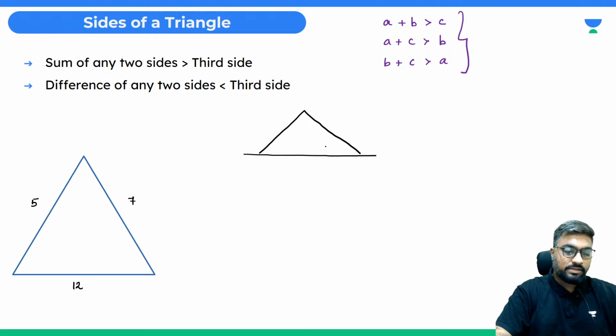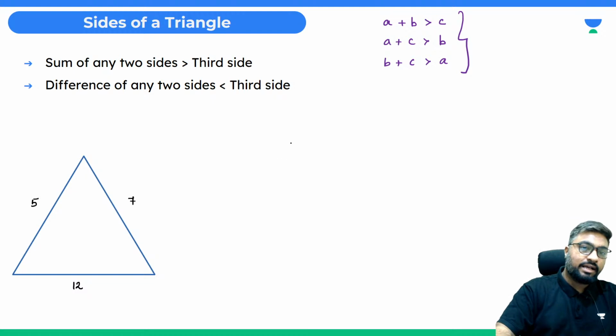Are you getting this? So this is not a triangle, this entire thing from here to here. Only this part would be a triangle. Or it might turn out to be shorter also. It could be like this also. So for it to be a triangle, it must always be greater than, not equal to.